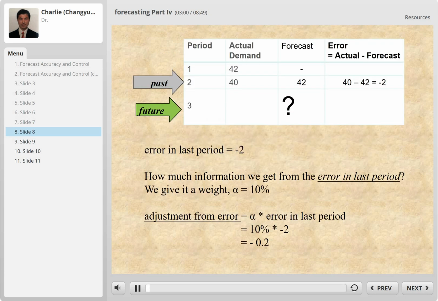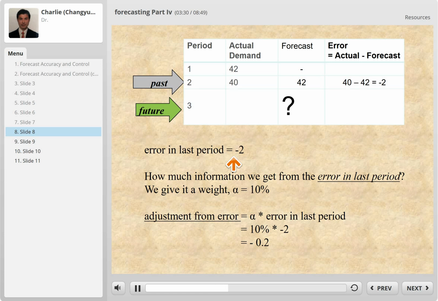What we are trying to do here is to make use of the information in the error. For example, if the future is period 3, then the error in the last forecast is negative 2. So we write down error in last period equals negative 2.